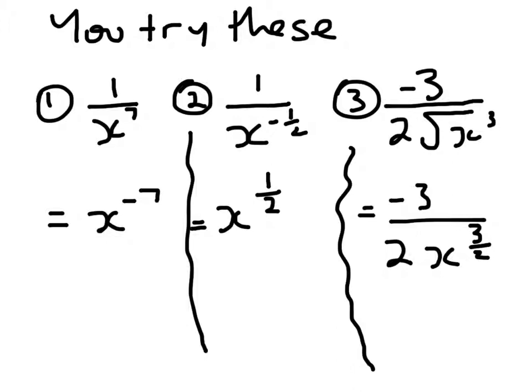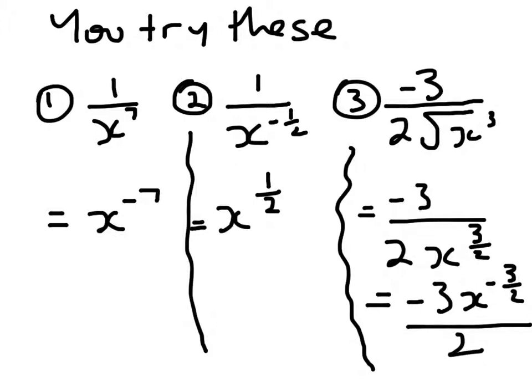And what do I do now? Well, I just bring the x with its exponent upstairs. So it's equal to negative 3x to the, but I've got to change the sign, of course, negative 3 on 2 over 2. And that's the final answer.